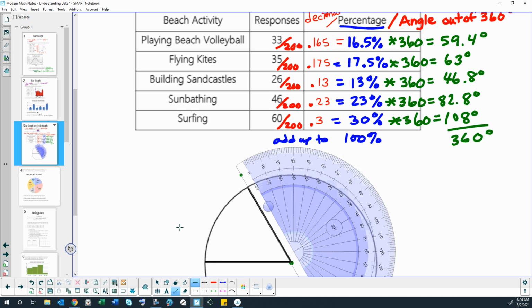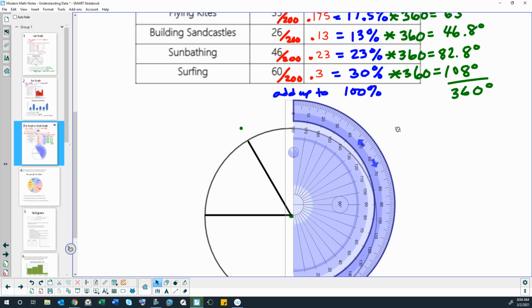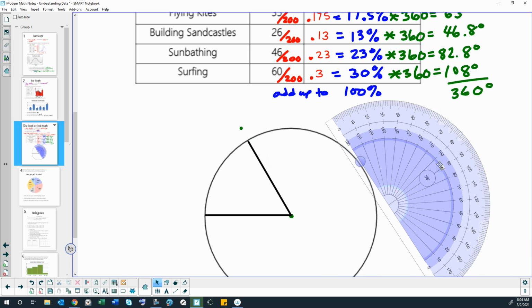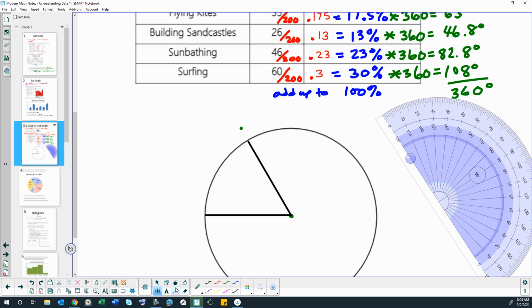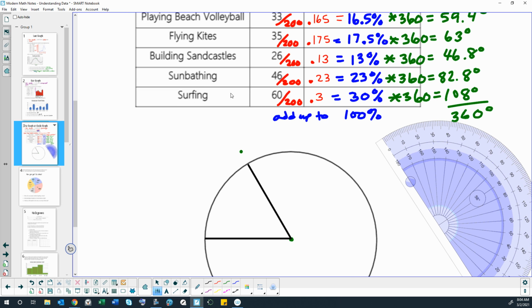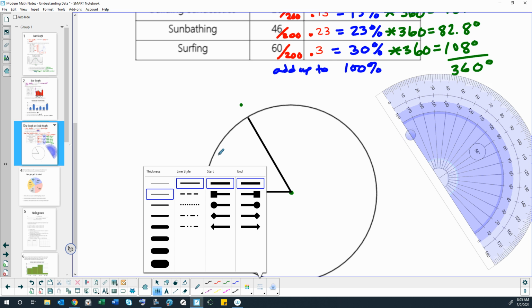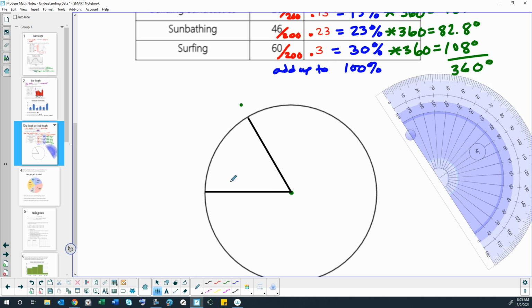Okay, so you can continue this process, measuring those angles with your protractor. Set this out of the way, and then you want to label your sectors. So this particular sector was volleyball. So I'm going to write inside of it volleyball.